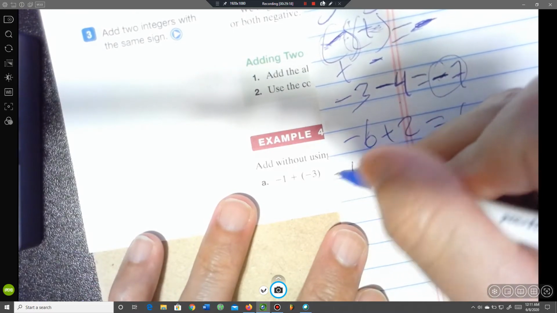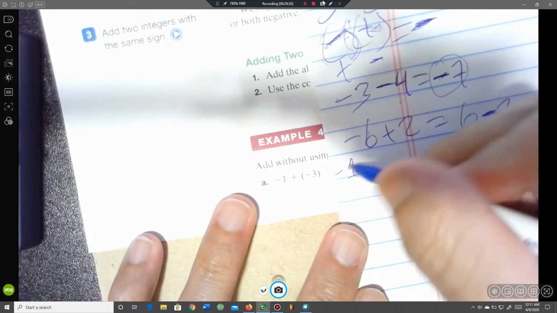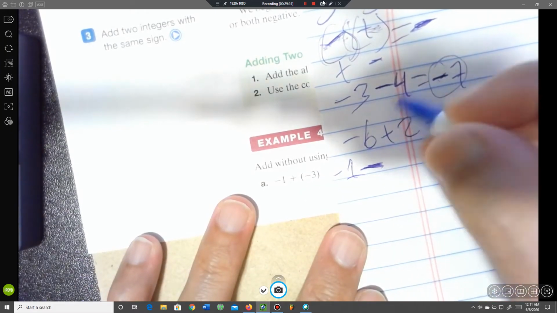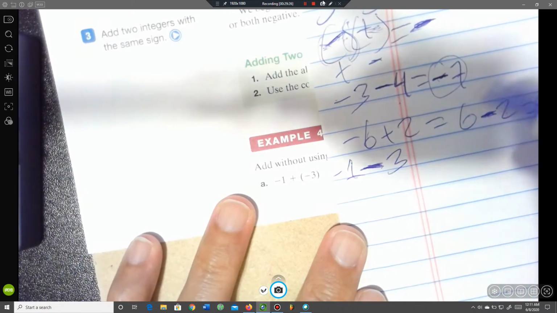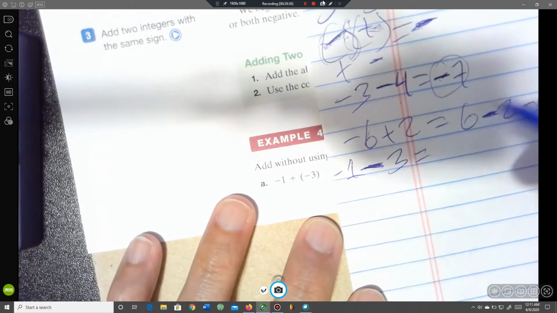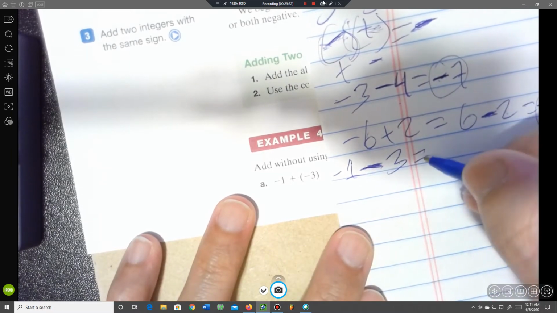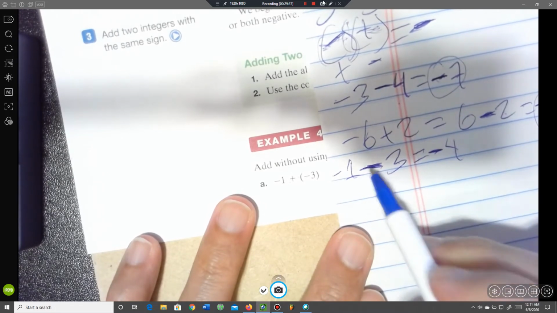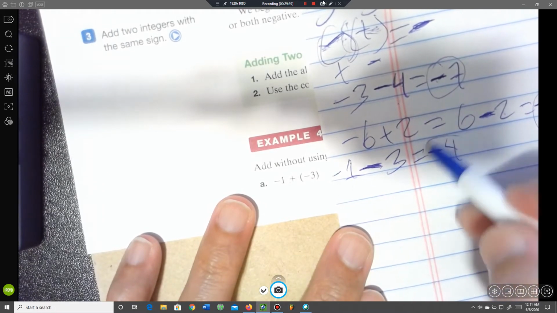And that's -1. And then positive and negative give you a negative by multiplying them, right? So that's -3. I have two negative signs. I know I'm supposed to add 3 plus 1 is 4. Keep the sign because both of them are negative. That should be the answer, okay?